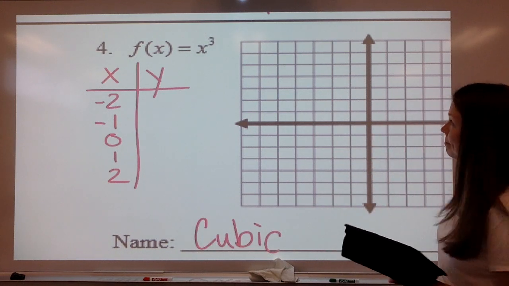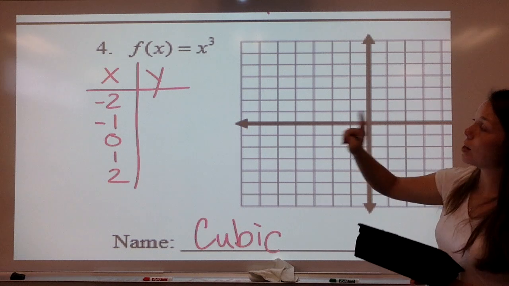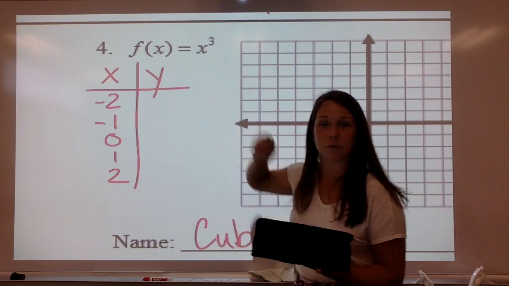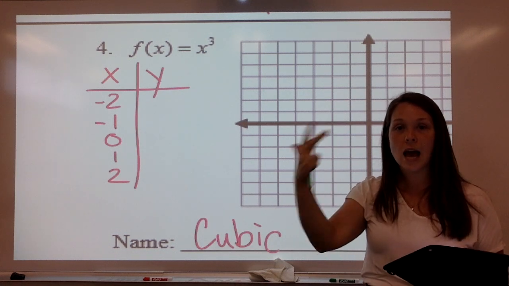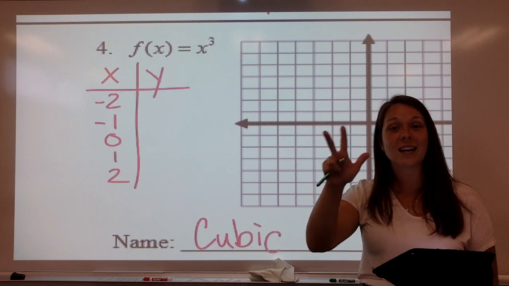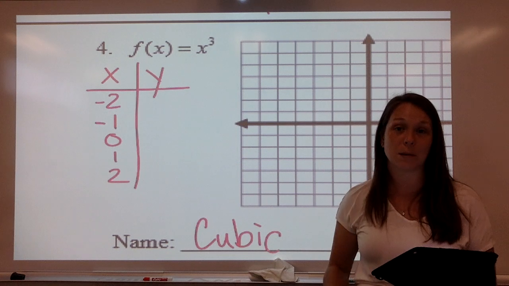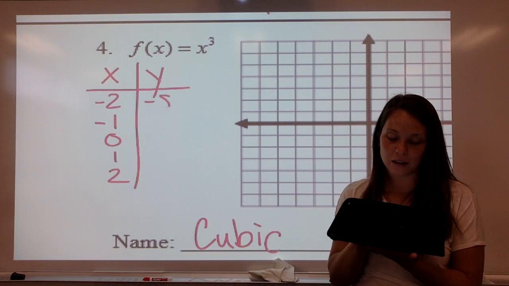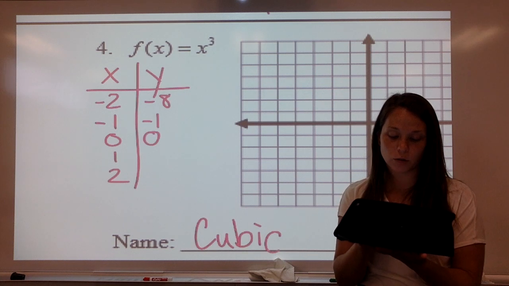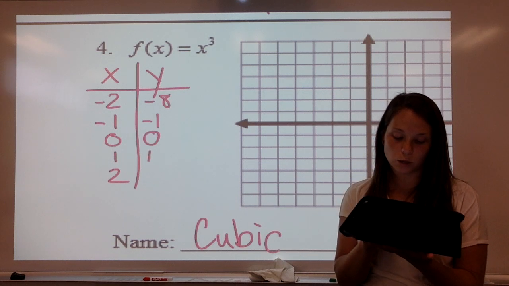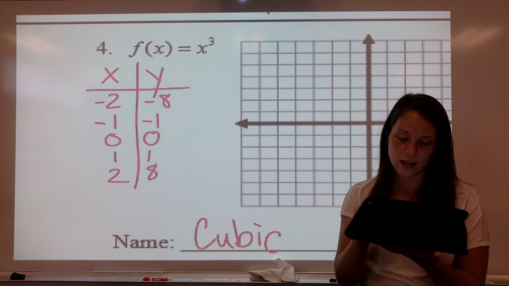So this one though, -2, when I cube -2, that means I'm doing -2 times -2 times -2. So I'm multiplying a negative by itself 3 times, which is going to give me -8. -1 cubed is -1, 0 cubed is 0, 1 cubed is 1, and 2 cubed is 8.